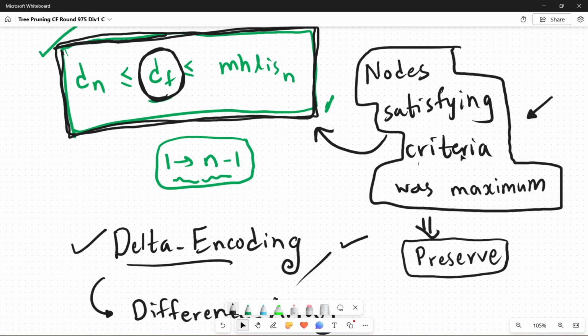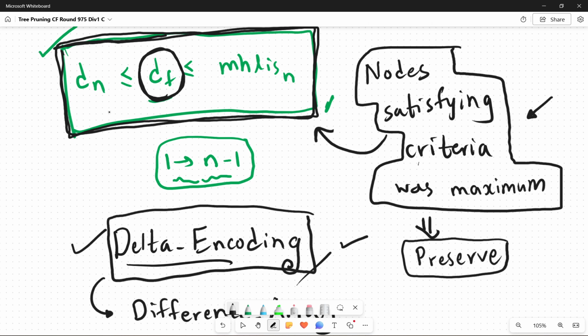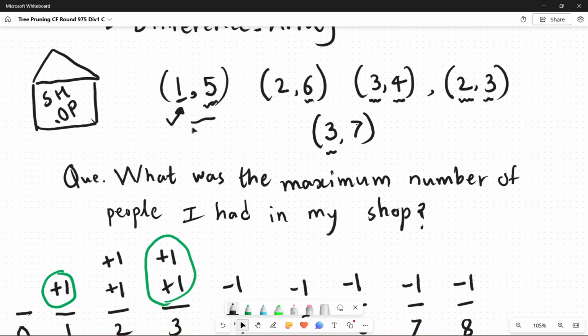So this is basically the thing. Then I'll again use the delta encoding for this purpose. I will calculate the dn and mhlisn for every node, and make the delta encoding array for that vector of this type of pairs.